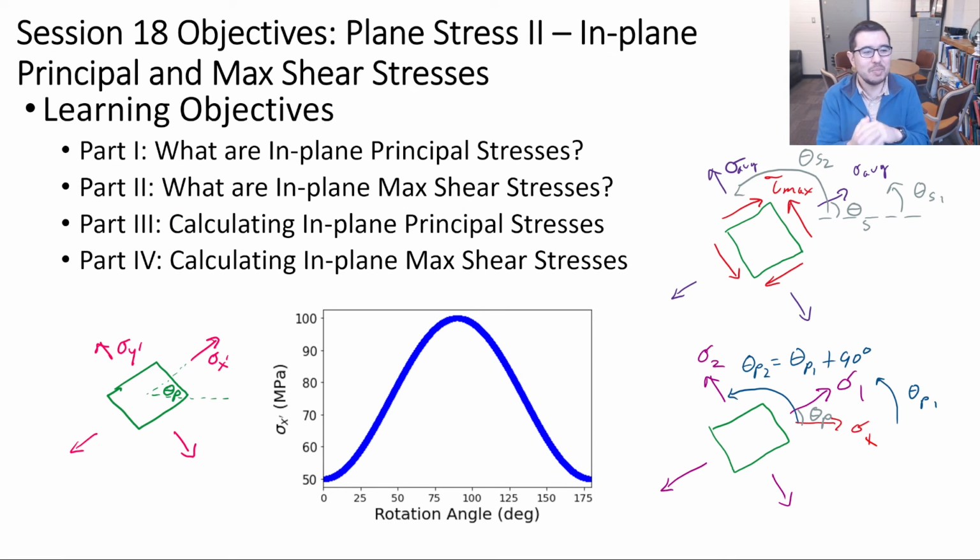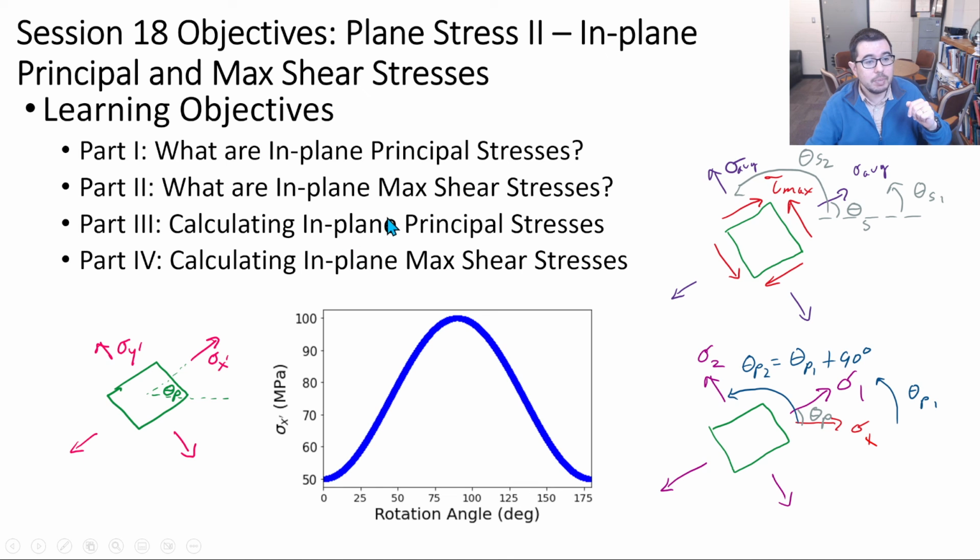Yes, we've covered quite a bit in this session. We've discussed what in-plane principal stresses are, and the simple answer is you've got a maximum and a minimum normal stress, and you've got zero shear.